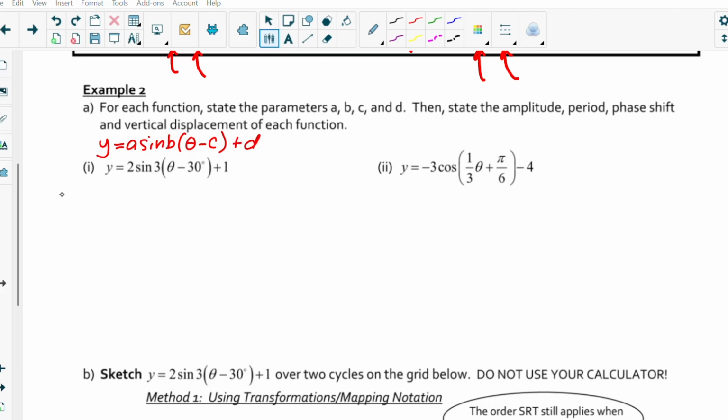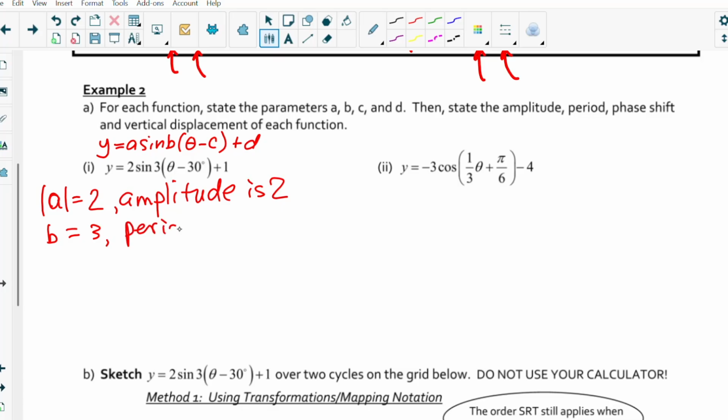Okay, so the absolute value of a equals 2, so therefore the amplitude is 2. The b value is 3, so we're in degree mode, so the period is equal to 360 degrees divided by the absolute value of 3, and that equals 120 degrees.